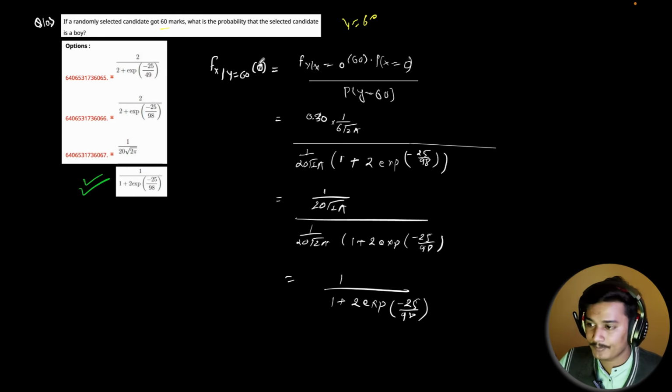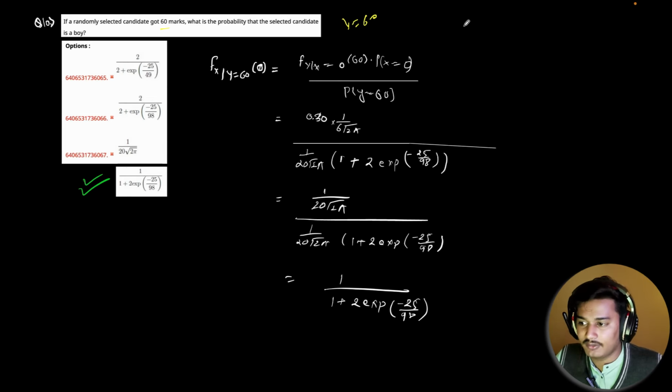So it is nothing but f of y given x equals 0 at 60 into P of x equals 0 upon f of y at 60, right? This will be the case. So basically we have changed this, right? We know that conditional is basically joint upon marginal. So joint is what?